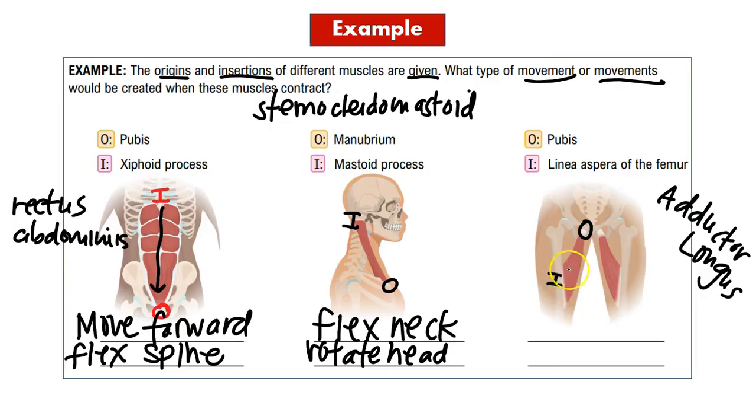So if you go ahead and try to move towards the midline, then what's going to happen? That insertion is going to get closer to that origin. So because it's in the name, you can just say adducts. Adducts what? The thigh. So if you're standing up, your goal is to just try to move your thighs inward, inward, inward, and now you're adducting the thigh using the adductor longus.